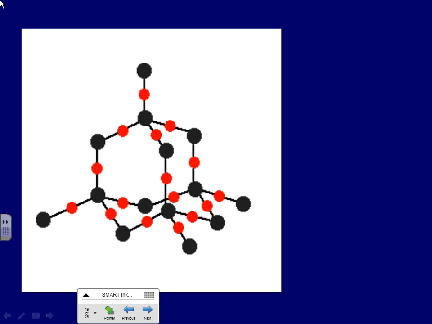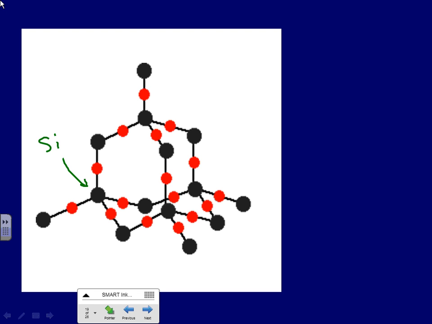But in silicon dioxide, and we'll take a look at this guy, right, there we've got our Si. And you can see here, it's not like a carbon dioxide. It's definitely not carbon double bonded with another carbon. It's definitely not that structure.